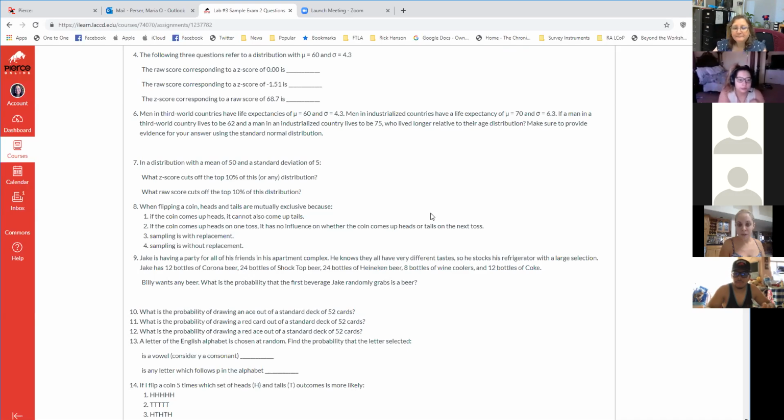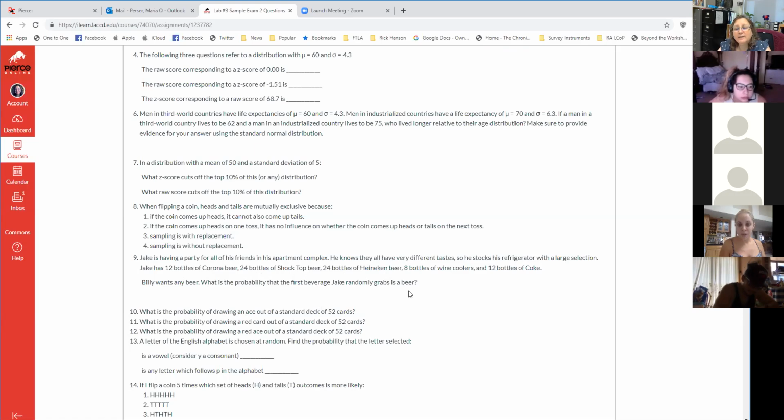The amount of beers is the 12 of Corona, 24, and 24. So 48 and 12, divided by the total, all the bottles.